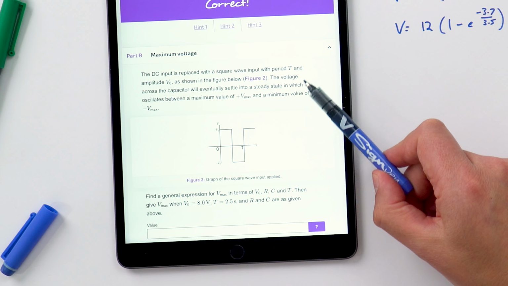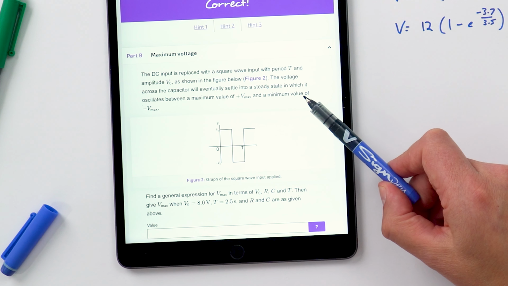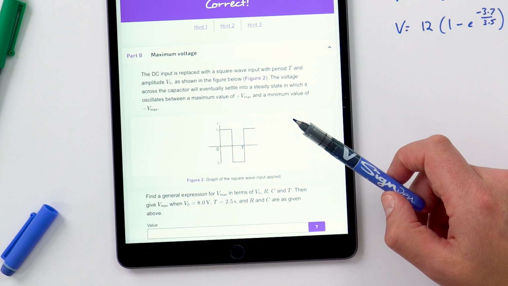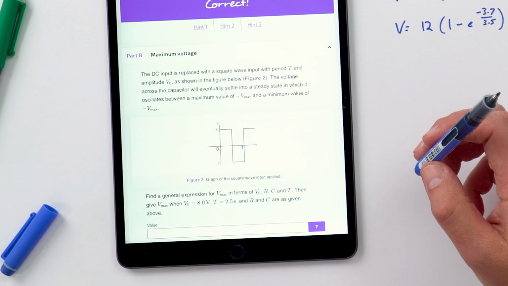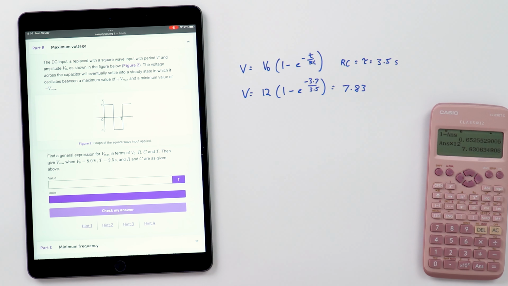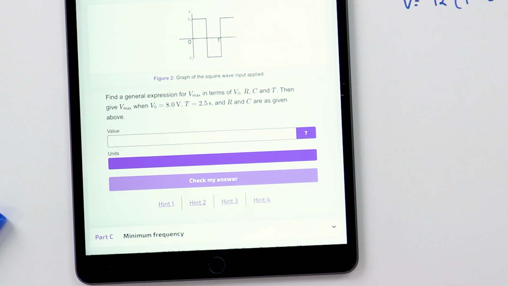Now, the voltage across the capacitor will eventually settle into a steady state in which it oscillates between a maximum value of plus V and a minimum value of minus V. And this is because it doesn't fully discharge or charge up over that wave cycle. And we need to find a general expression for Vmax in terms of V0, RC and T, and then find Vmax when V0 is 8, T is 2.5 and RC is given above.